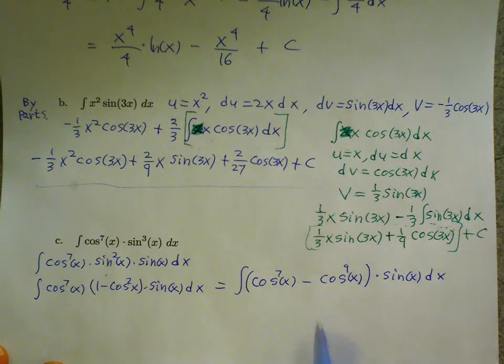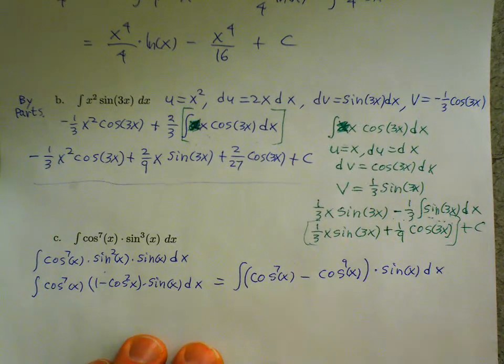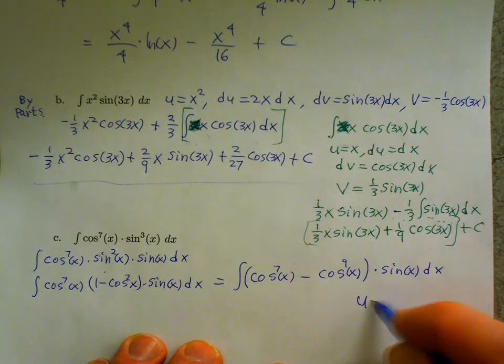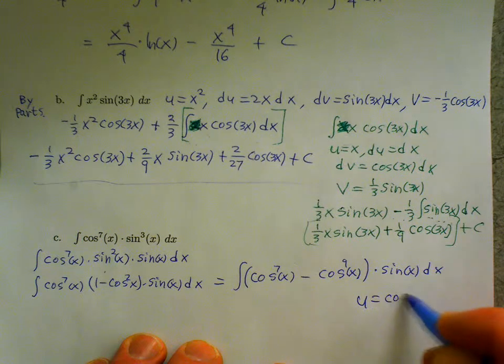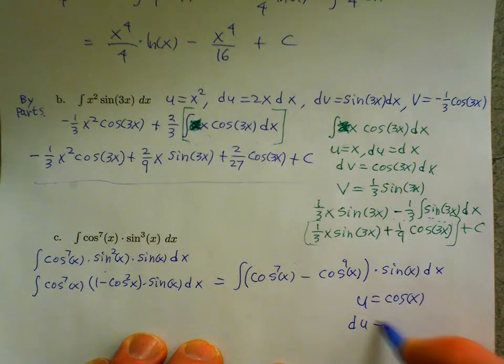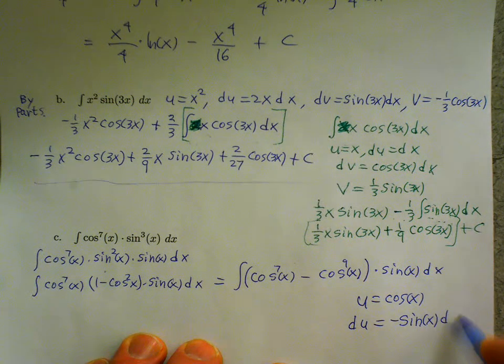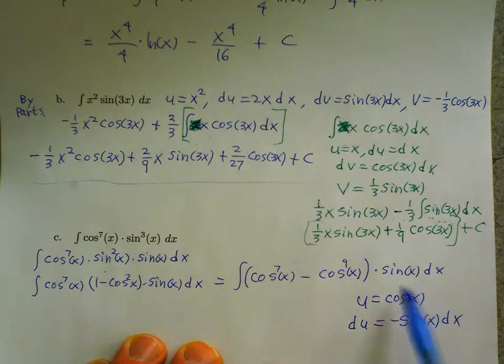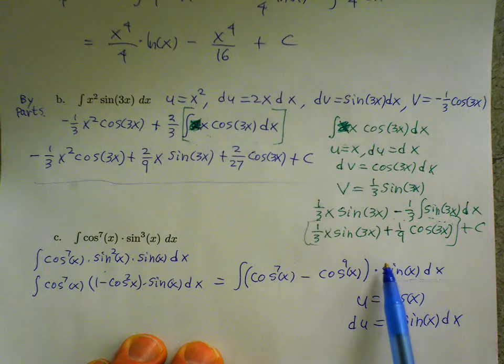Okay, then using the substitution rule, if we assign u to be cosine of x, then du is negative sine of x dx. We have the sine of x dx. We just need to multiply by 1 in the form of -1 times -1.